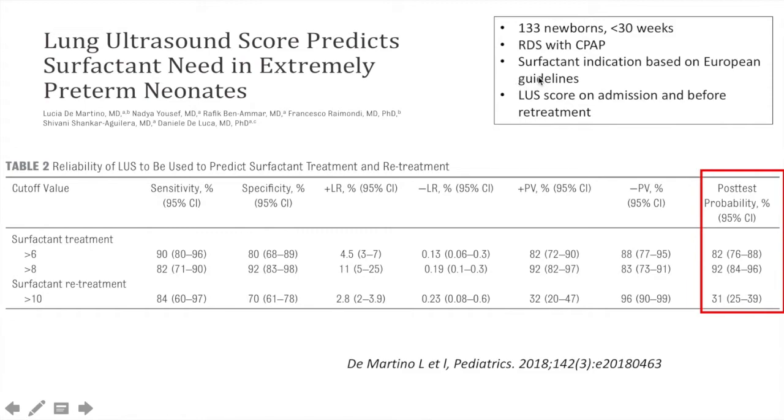And they compared lung ultrasound on admission and before retreatment. With a score above 6 to 8, and mainly 8, for first surfactant administration, the score was highly predictive of surfactant administration. However, the score was not predictive for the second dose of surfactant, with a post-test probability of 31% only.